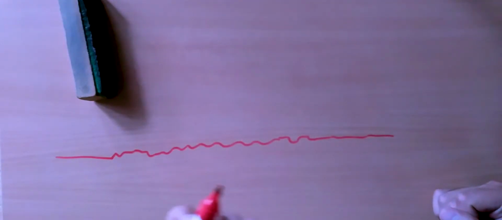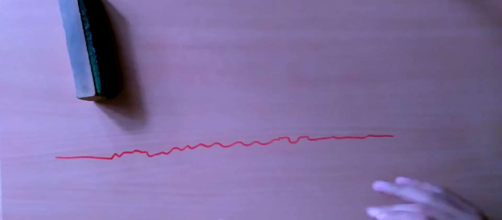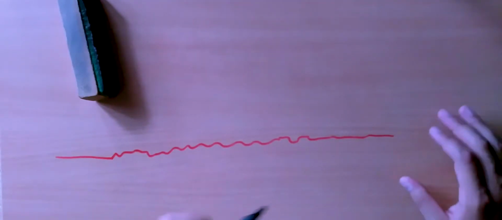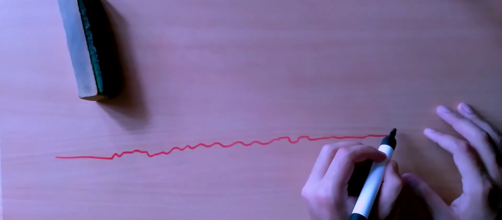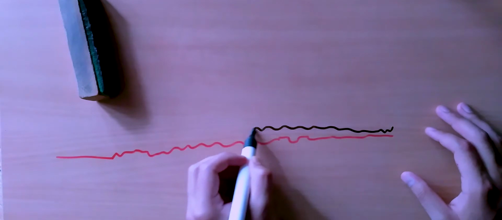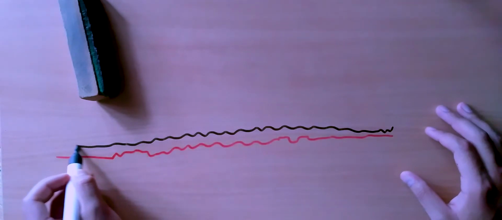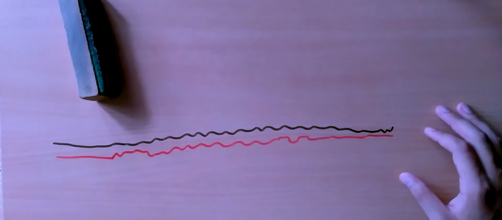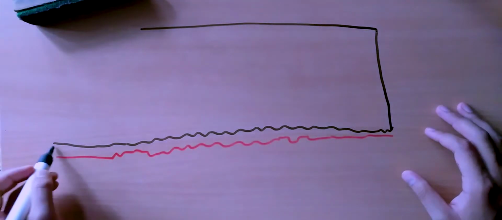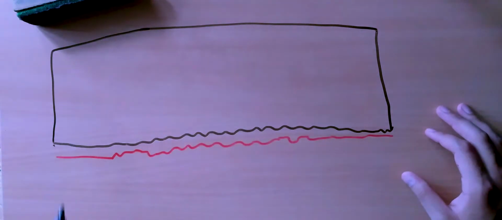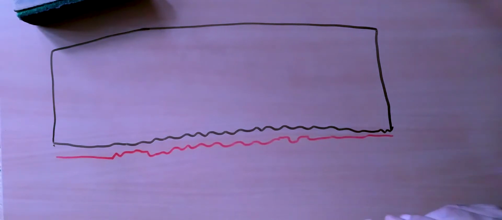Here in red color, I have drawn the surface of the table, and I'll take another color, black, to draw the surface of the duster. Again, the surface of the duster is not perfectly smooth, it is rough, so it again has these irregularities. I'll complete the drawing: this is the remaining duster, and here I have the surface of the table.